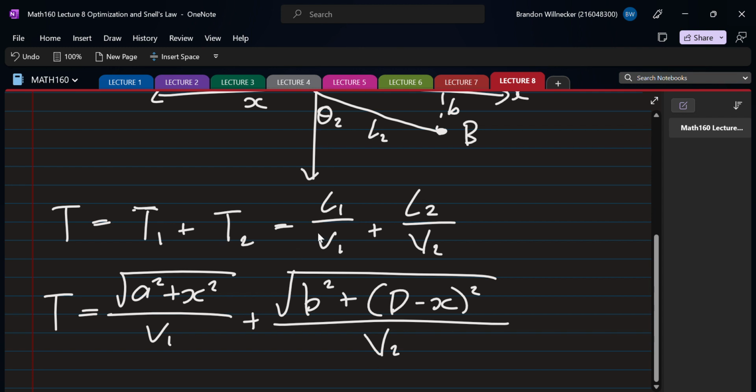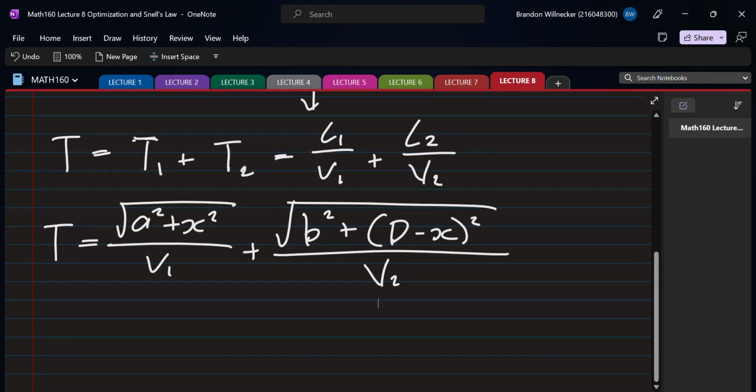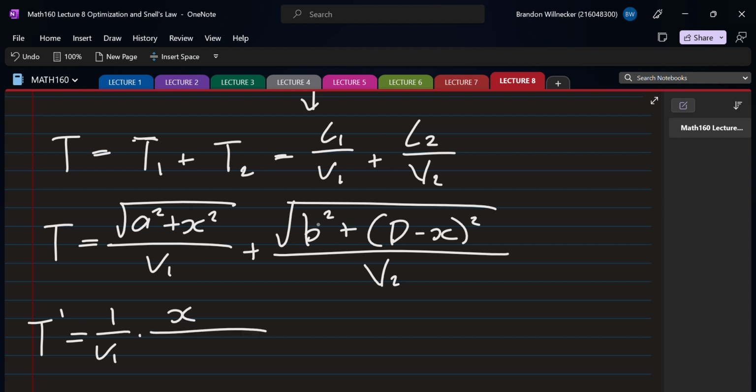Okay, so now we have this in terms of x. So this is a single variable function. Everything else is constant. We can differentiate with respect to x and set the result equal to 0. So let's find t prime. Okay, so I'll just do this quickly. You can work out the individual steps, but here we're going to end up with 1 over v1 times x over the square root of a squared plus x squared.